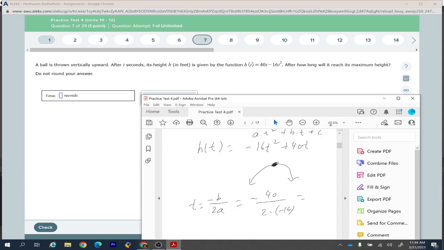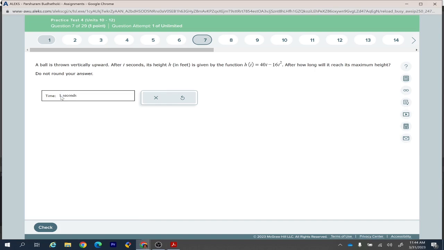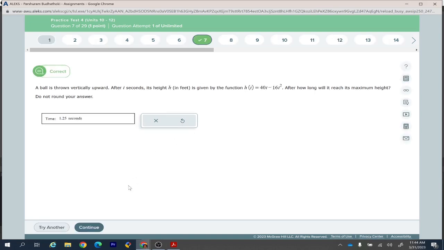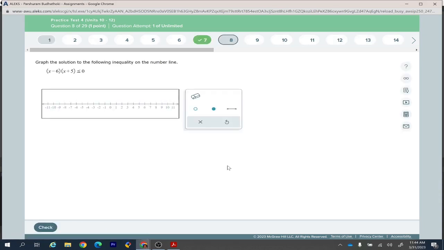So if you divide 40 by 32, which is 20 divided by 16, I'm going to use my calculator here. 20 divided by 16, it's 1.25. So after 1.25 seconds, do not round your answer. After 1.25 seconds, the ball will reach maximum height. That's perfect. Let's go to the next problem here.